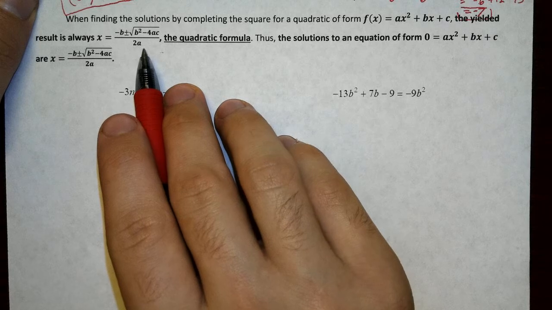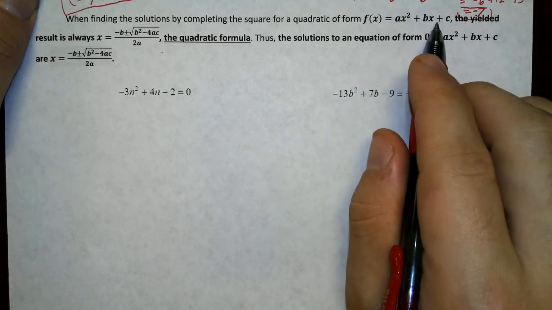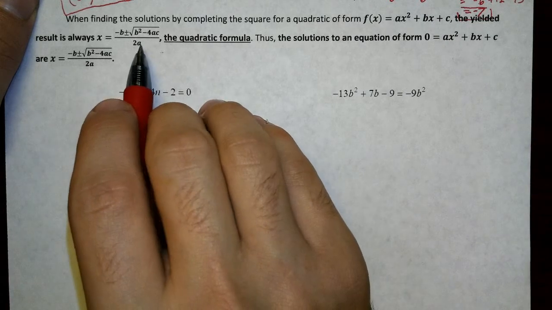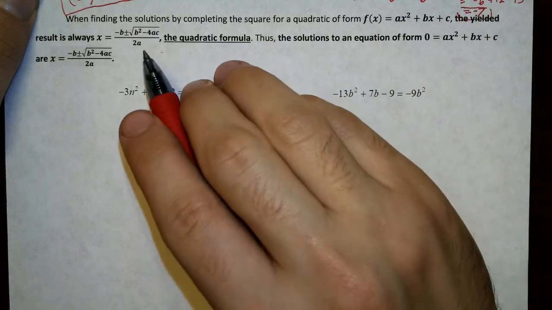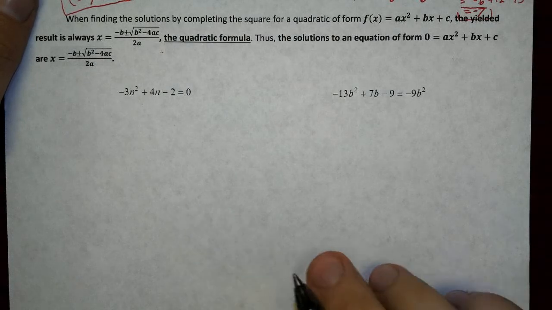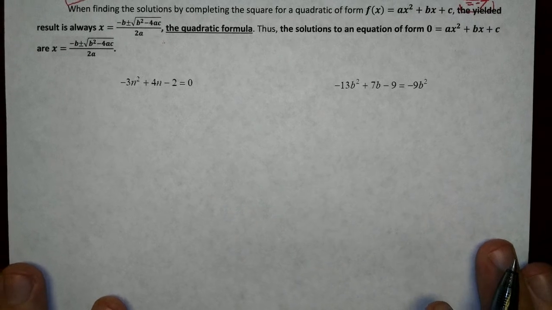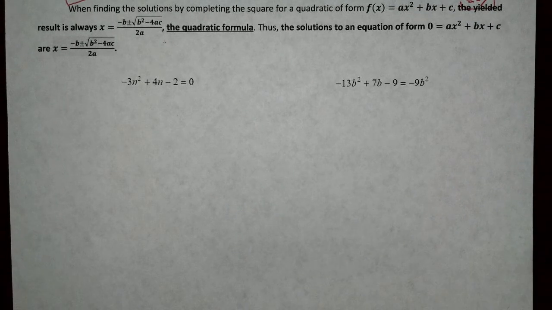So go from here to here. Derive the quadratic formula. You're going to earn yourself some major bank, because it is a great exercise, great for the mind, great for the spirit, and great for your math grade.